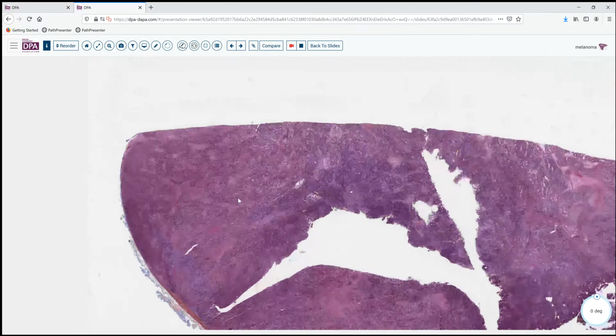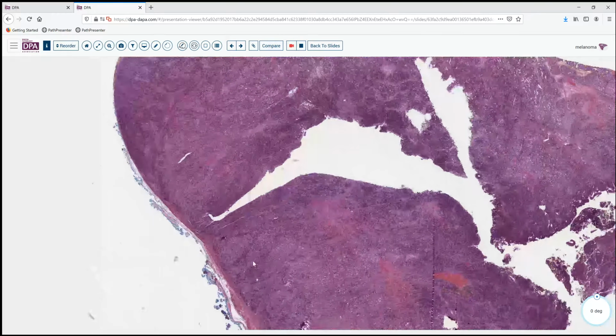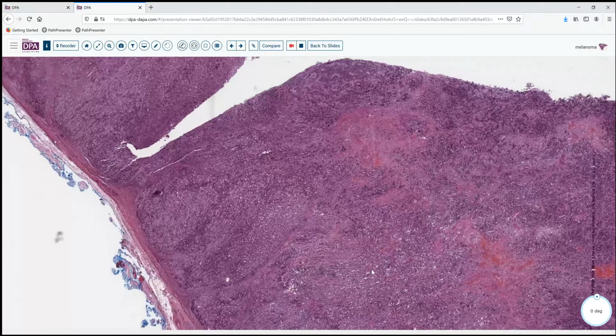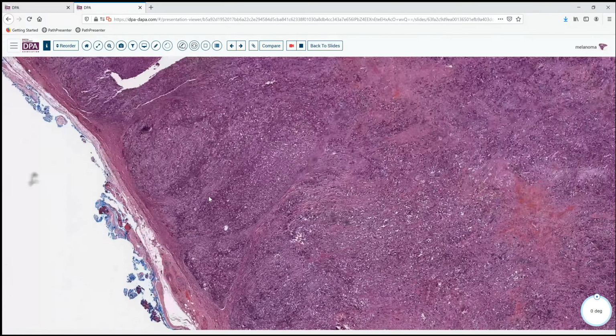So here's a representative permanent section of this lesion. Again, we see this similar sort of appearance, a very diffuse pattern, some areas of necrosis, no real epithelial type architecture, a little bit of clear cell architecture pattern, a defined, fairly sharp border as we indicated.